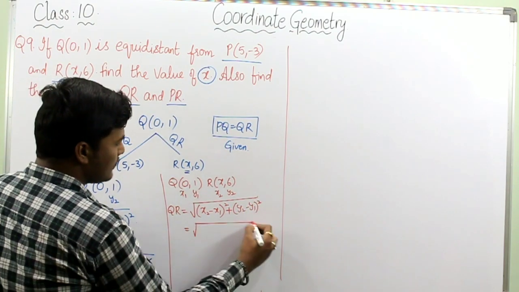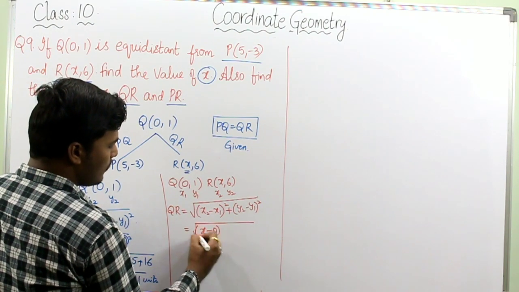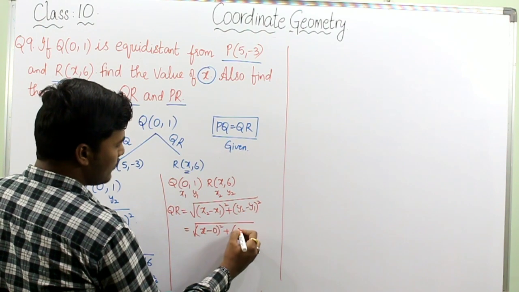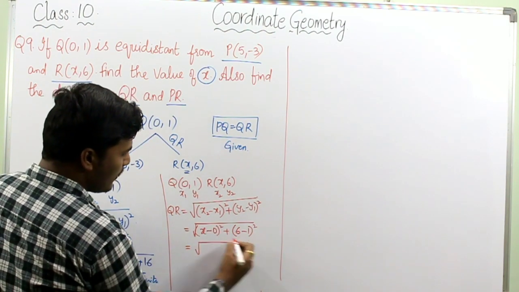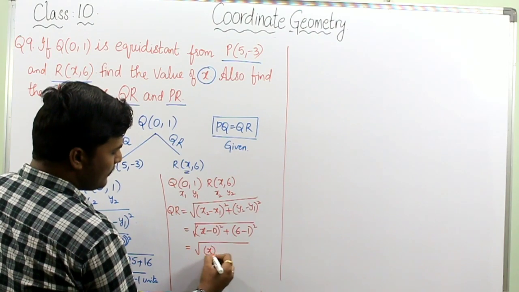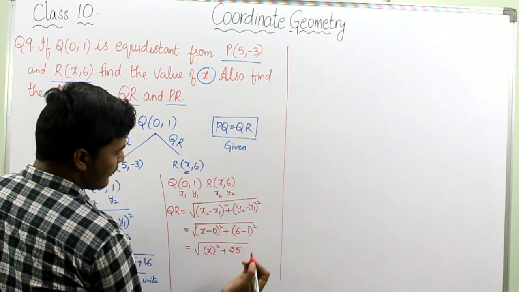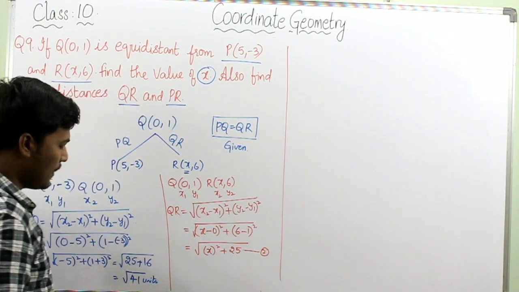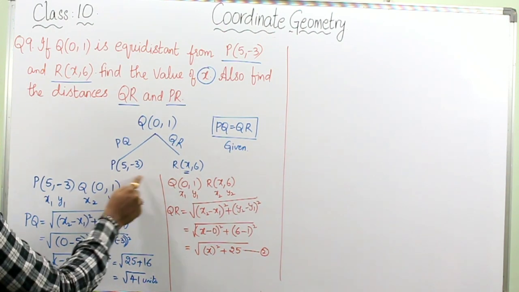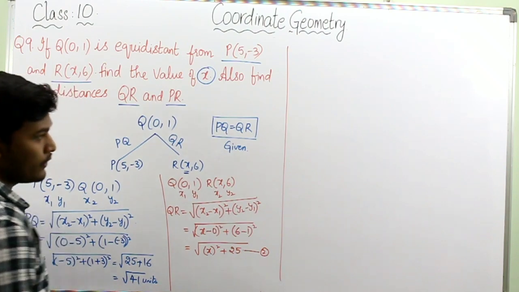So this implies (x minus 0) whole square plus (6 minus 1) whole square, which will become x square plus 6 minus 1 is 5, 5 square is 25. So this is the distance of QR. Now let us equate these two, the distance of PQ and QR.